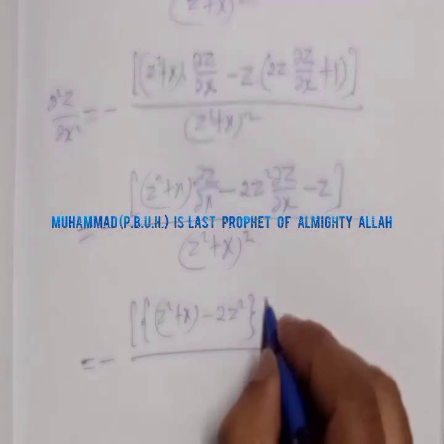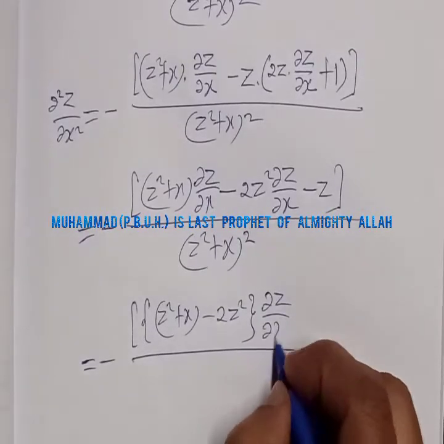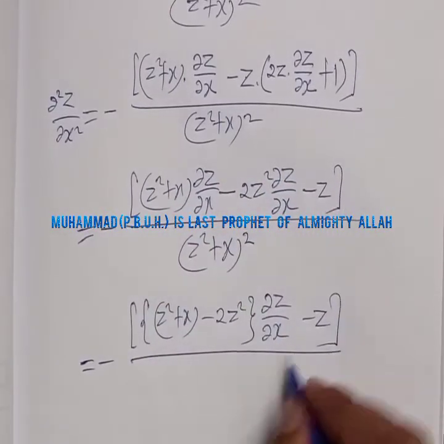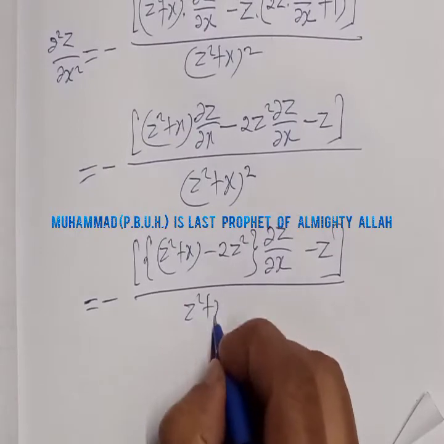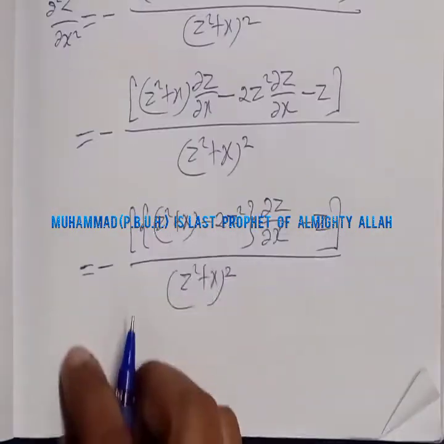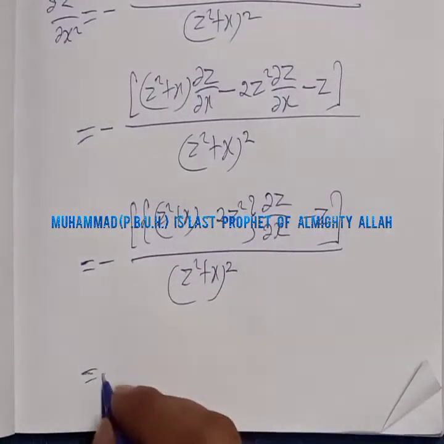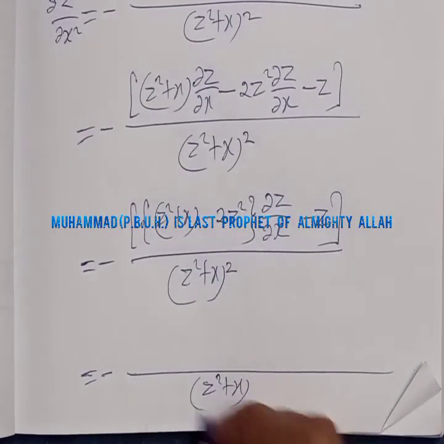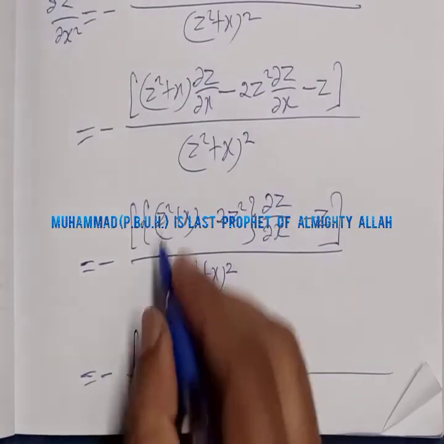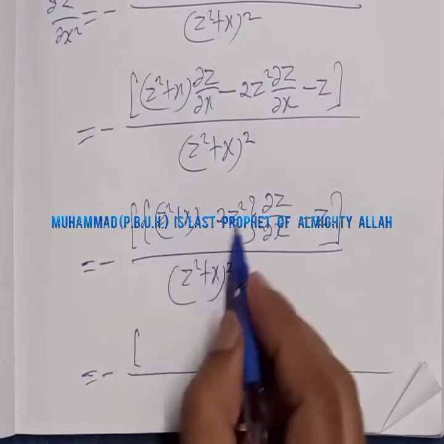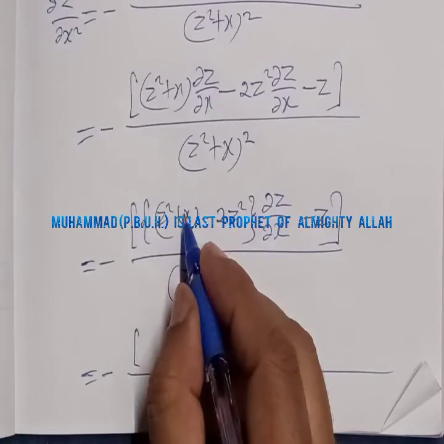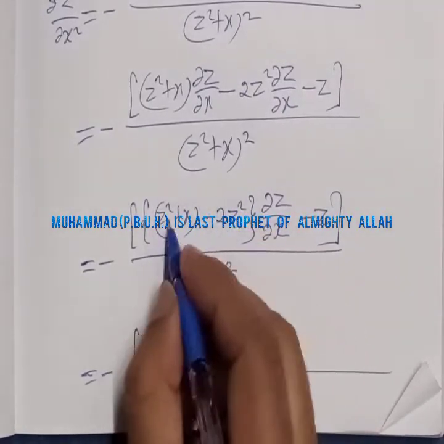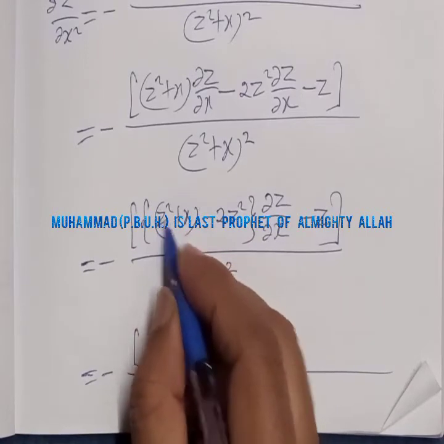Apply curly bracket and take out del z over del x. In these two terms write minus z as it upon z square plus x whole square, minus z square plus x whole square, and on solving these two terms we get x is plus, what, 2z square is minus here, and z square one times is plus here.